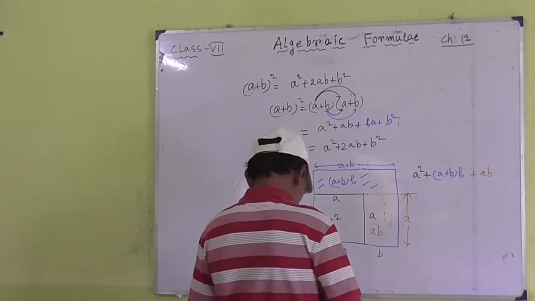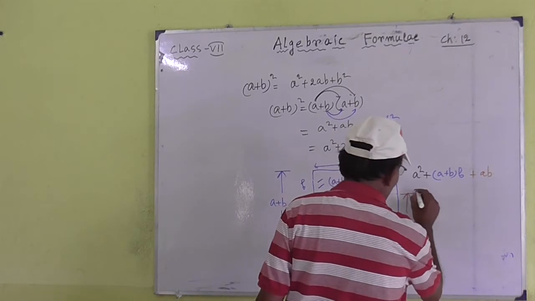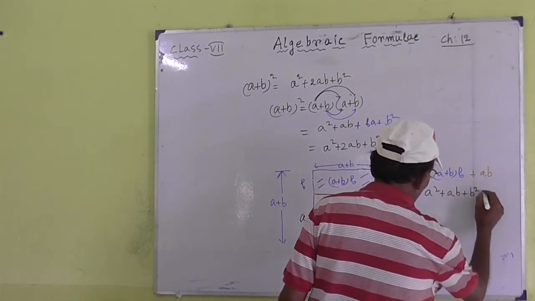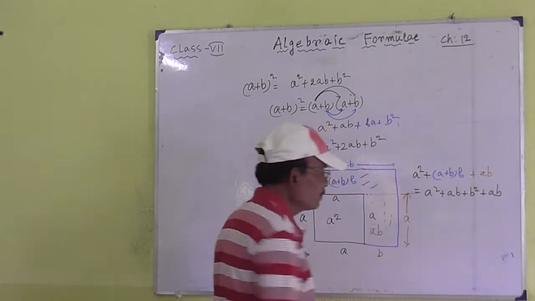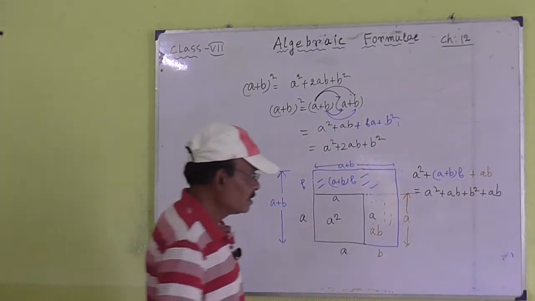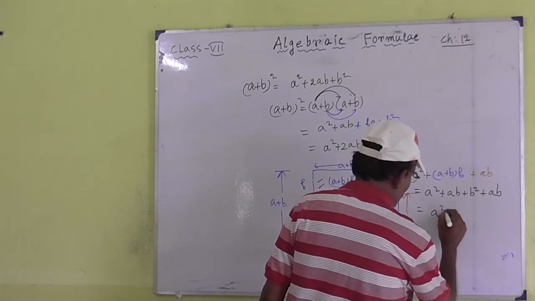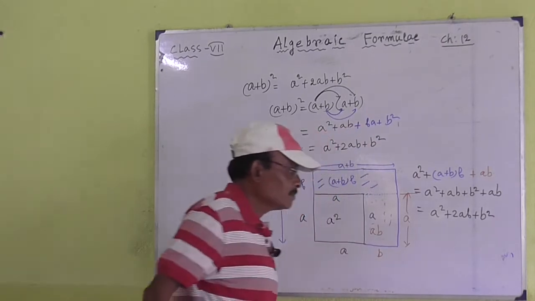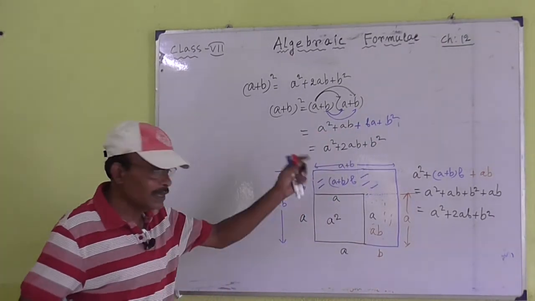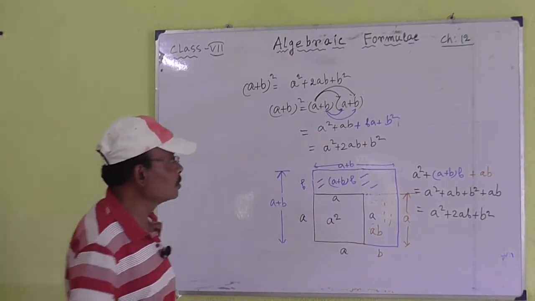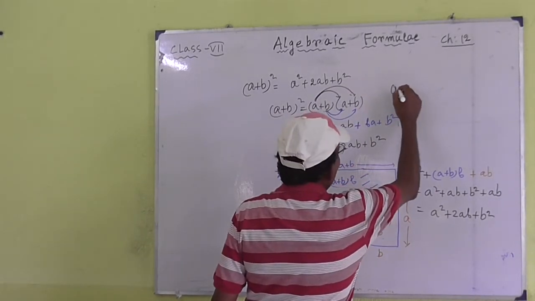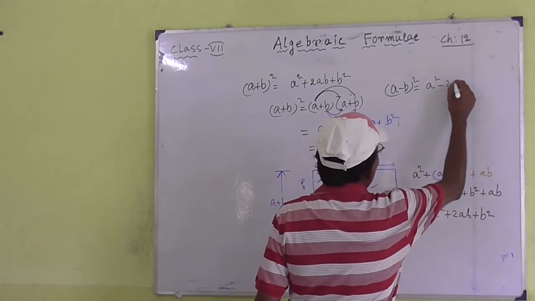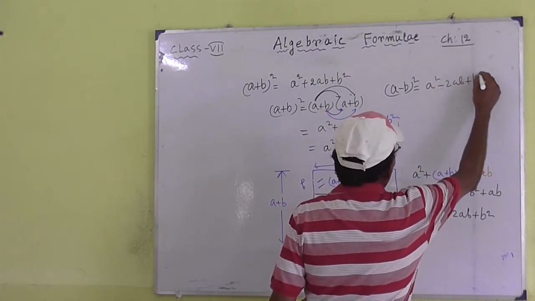Now, this will form a square plus ab plus b square plus ab, clear. So, this will make a square plus 2ab plus b square. Similarly, a minus b whole square will be a square minus twice ab plus b square.